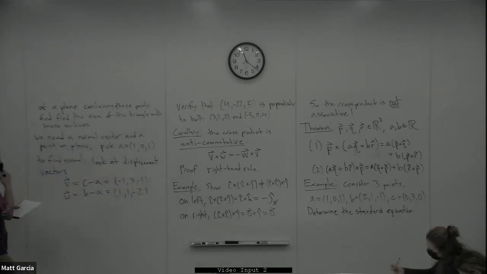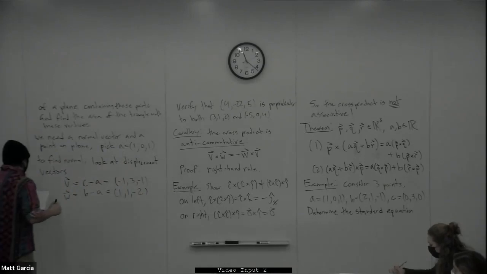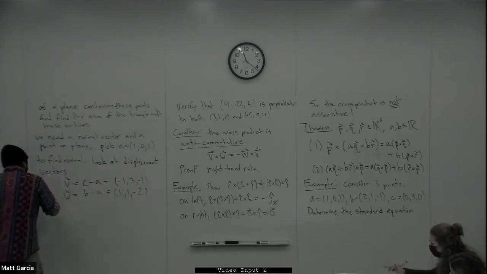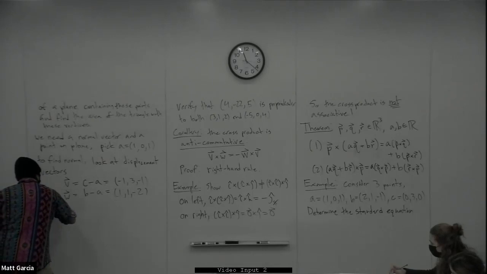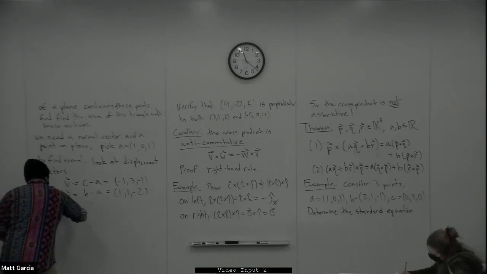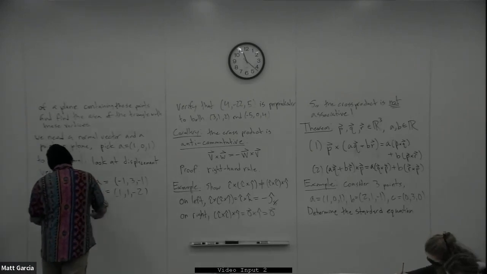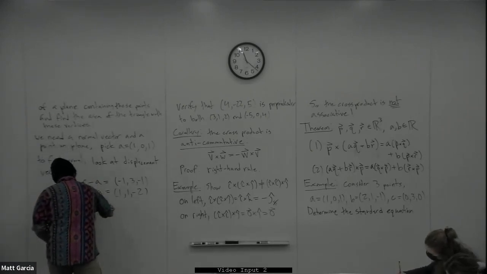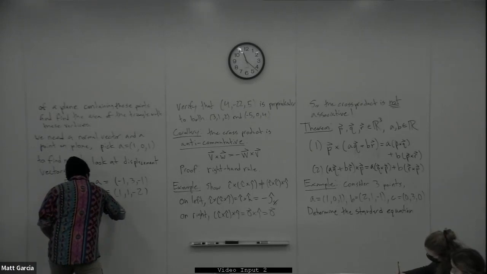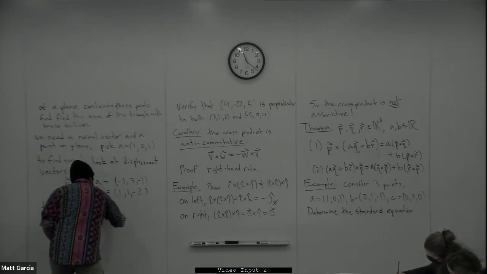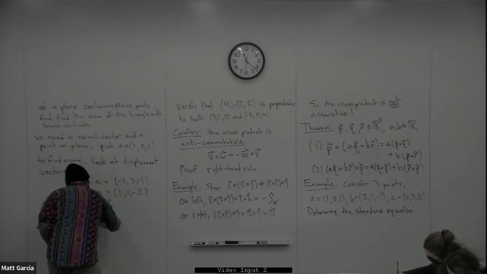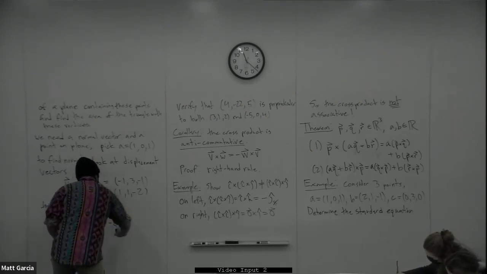Okay. Then V cross W is our normal, right? So I'll take this determinant. -1, 3, -1, 1, 1, -2.